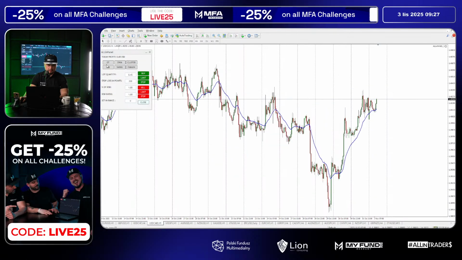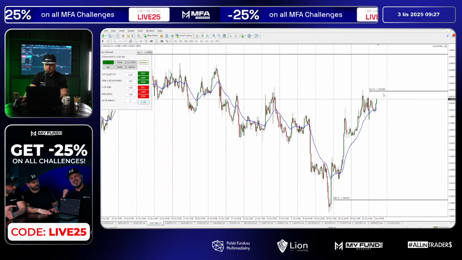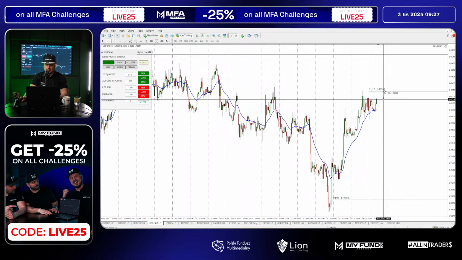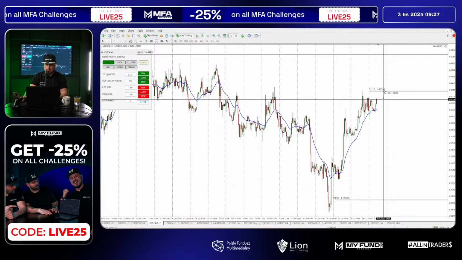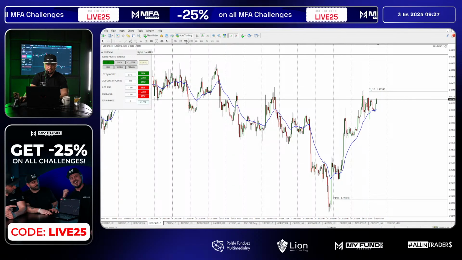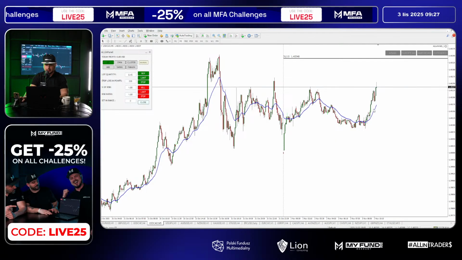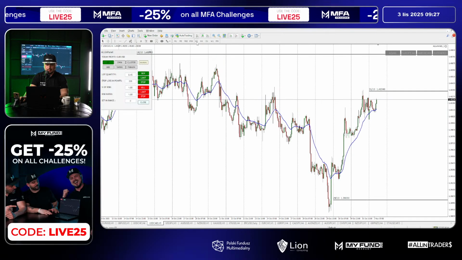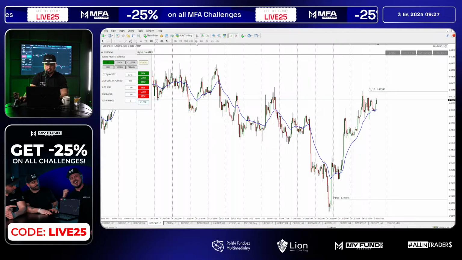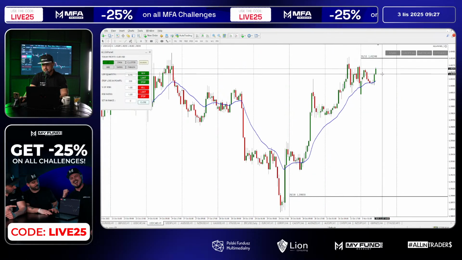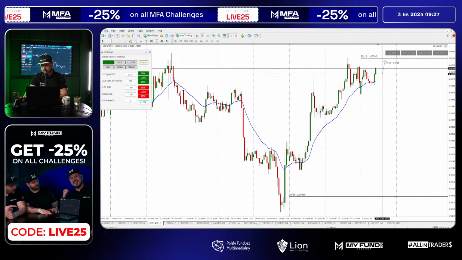Let's move to USD CAD because over here we got targets. This is nice, but we are only 10 pips away from this target. We are only 10 pips away, so probably we can use it, but maybe we're gonna set limit order a little bit lower.